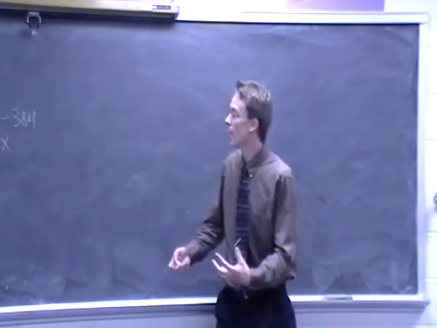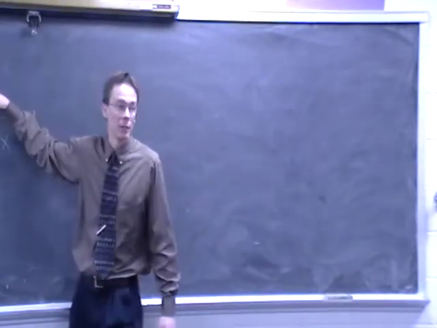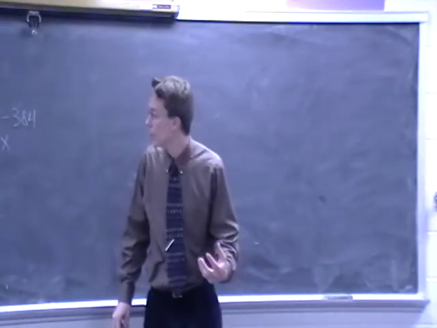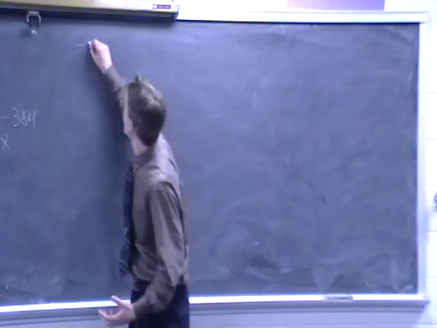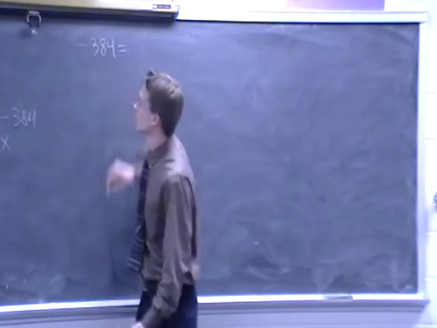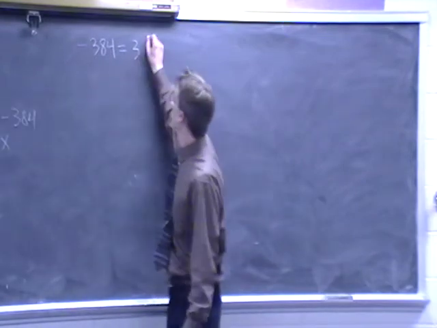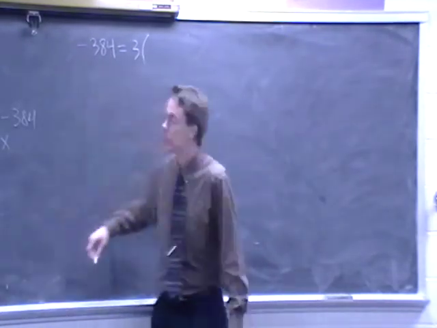We've got everything we need now to figure out what dx over dt is. So dV over dt, we can plug in negative 384. 3x squared is now 3 times 8 squared.